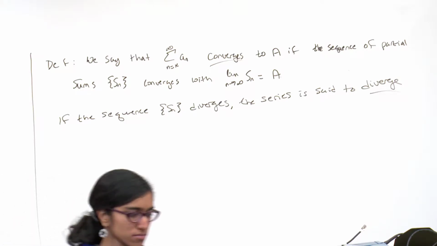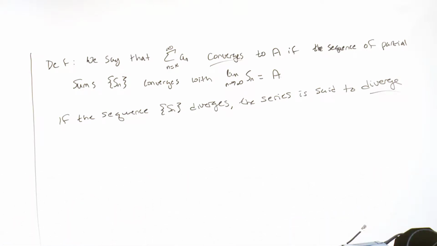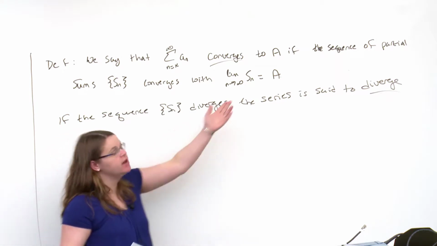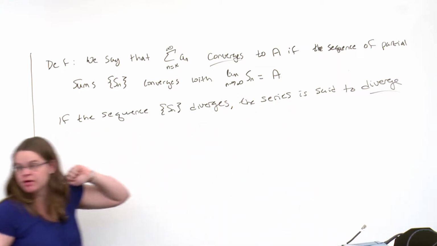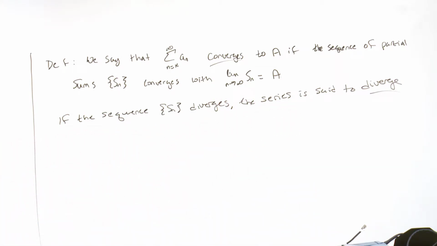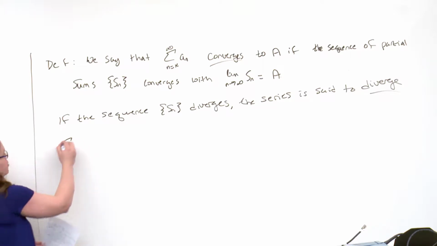Okay, and already we know some ways to test this. And even better, we know some ways potentially to test this without needing to guess at this number a, right? Because we know how to do that for sequences. So we'll do a couple examples.